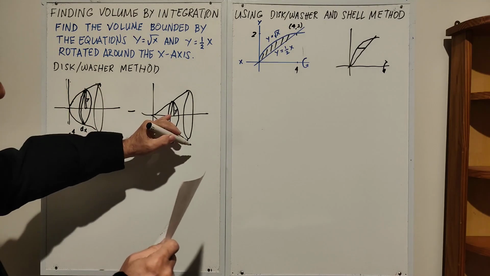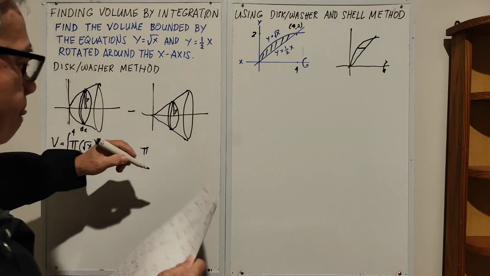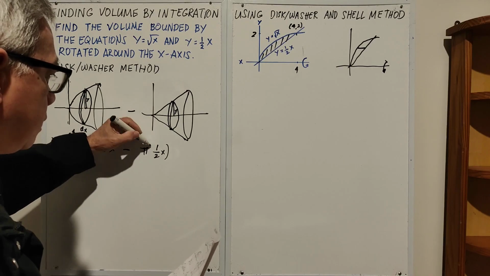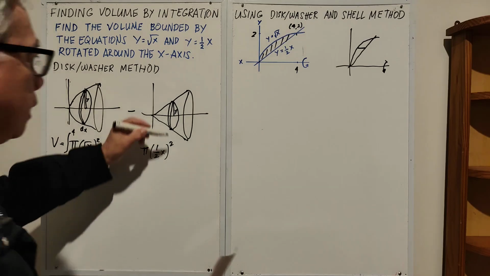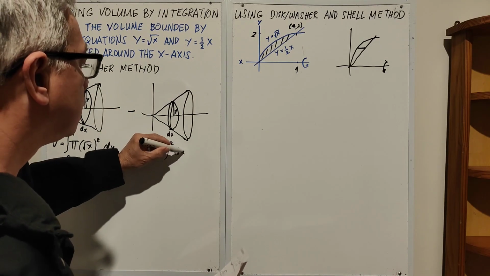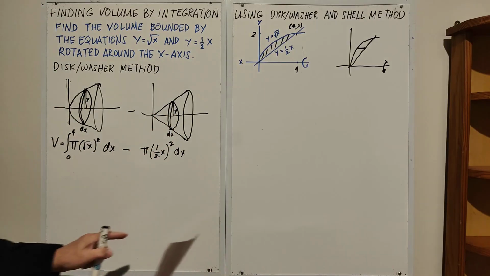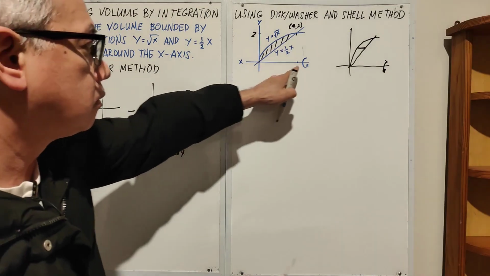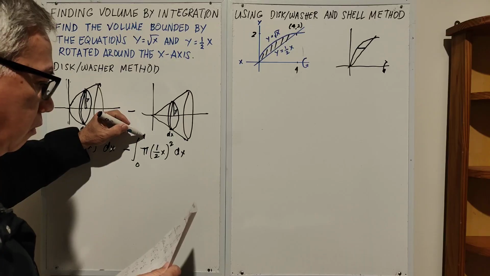Your radius will be your 1/2 x, so pi times 1/2 x, this is your radius, squared, and then we multiply it by the thickness, dx. That's the volume of this disc. But since we have to start from here to here, which is from 0 to 4, we integrate it from 0 to 4.